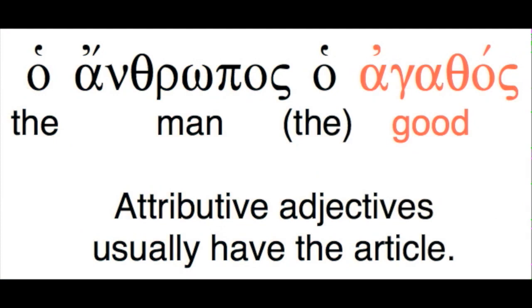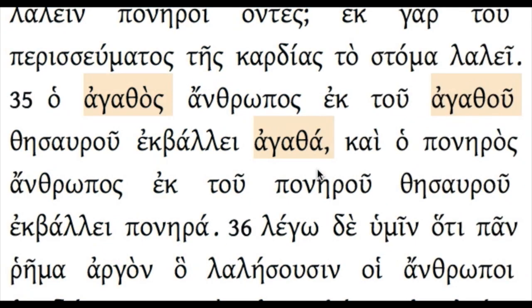And it's worth noting that attributive adjectives usually have the article. So for example, up here we have not just ho anthropos agathos, but ho anthropos ho agathos. This adjective has the article. Normally, attributive adjectives have the article. Here's a nice, easy example of some attributive adjectives here in Matthew 12.